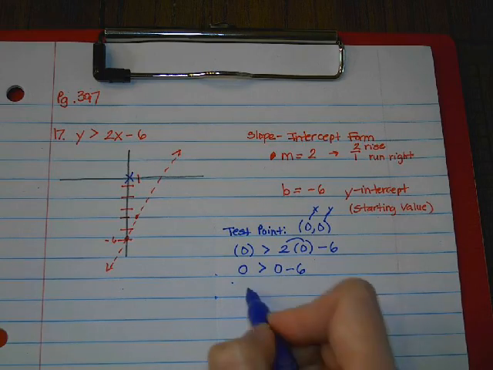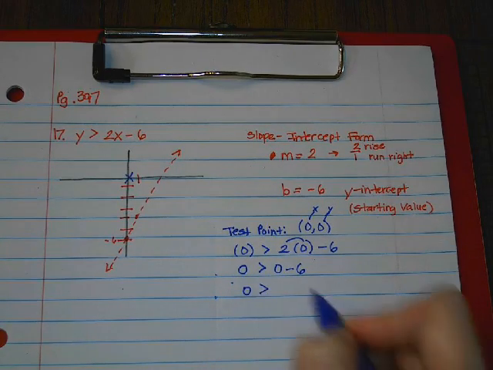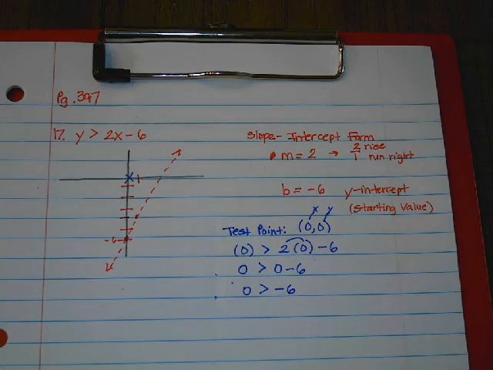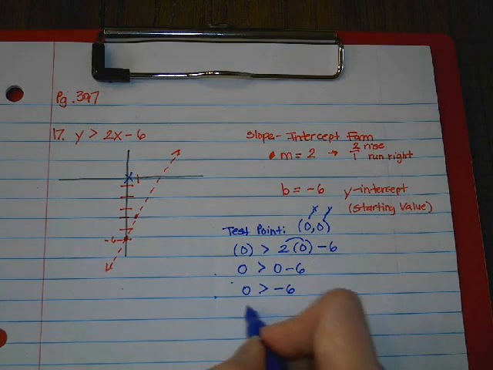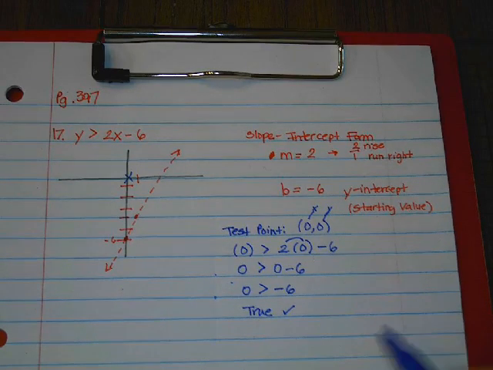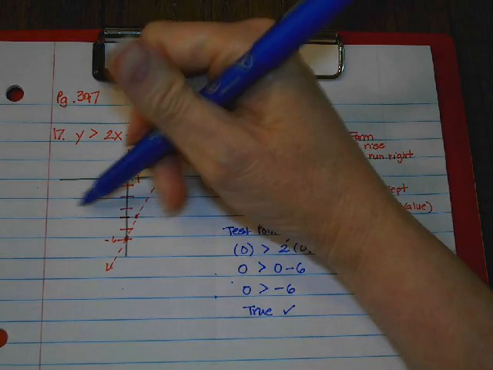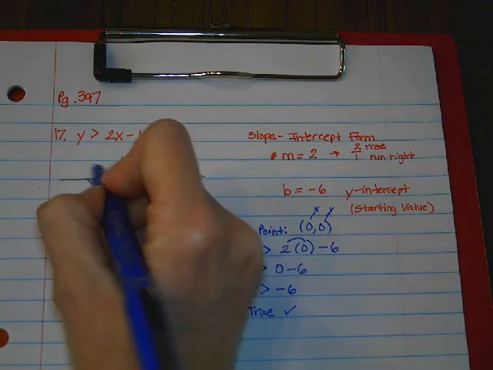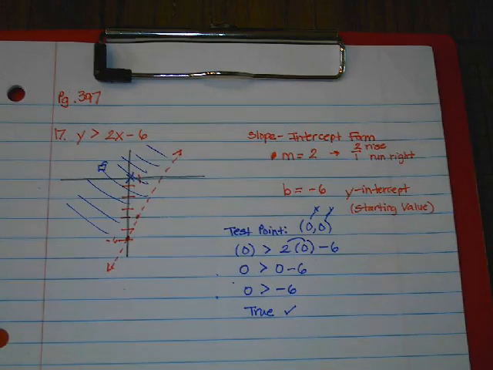I'll bring down my 0. 0 take away 6 is negative 6. The question is, is 0 greater than negative 6? What do you think, Ethan? That's right, true. 0 is bigger than negative 6. So since 0 is bigger than negative 6, we drop our shade on the side where our test point is. So we would drop our little bucket over here. This is where your little paint bucket would be dropped.